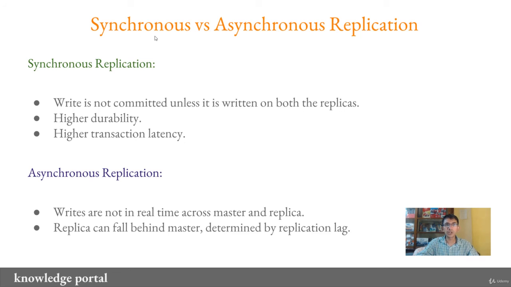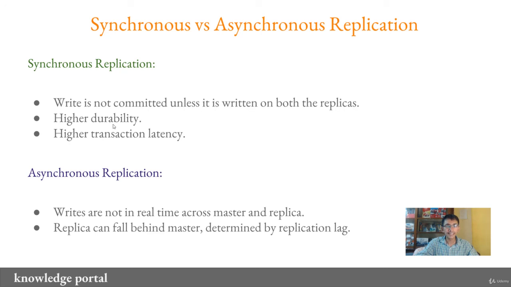Now, coming to synchronous versus asynchronous replication, since multi-AZ uses synchronous replication, a write is not committed unless it is written on both the replicas. Both the replicas means the standby instance as well as the primary instance. So whenever a write happens, it happens to both of them and then it is committed.